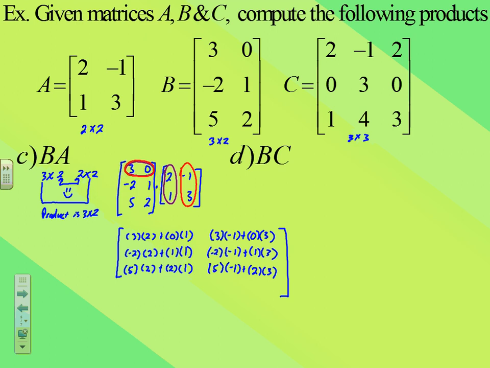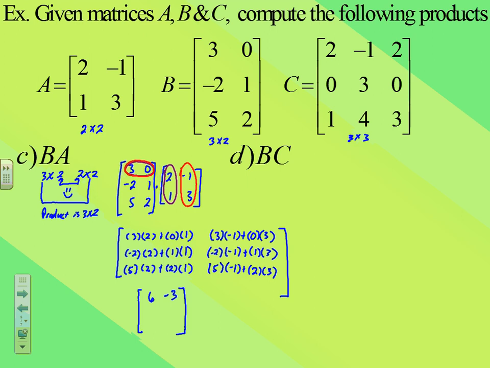So 3 times the 2 plus the 0 times the 1, that's going to give me a 6 as the first element of the final matrix of our product. Then you say 3 times -1 plus 0 times 3. Well, that's just -3, the next number in our first row.